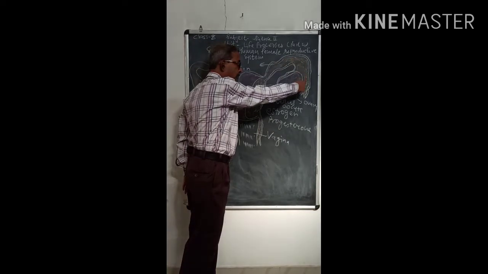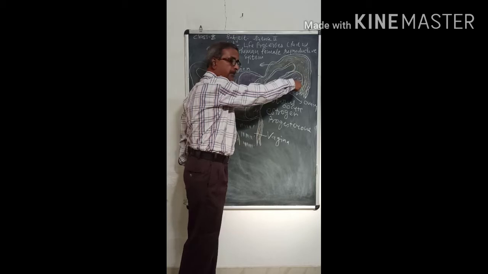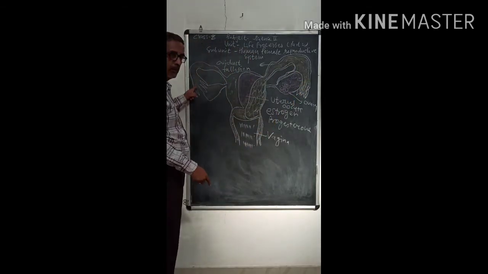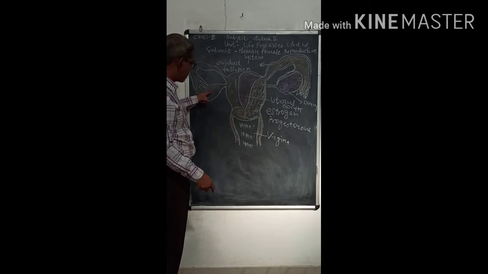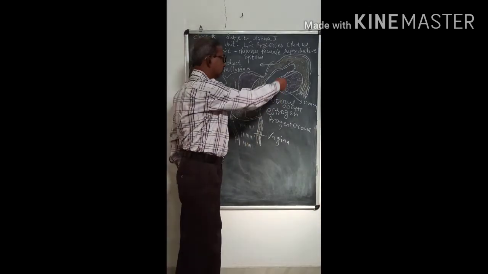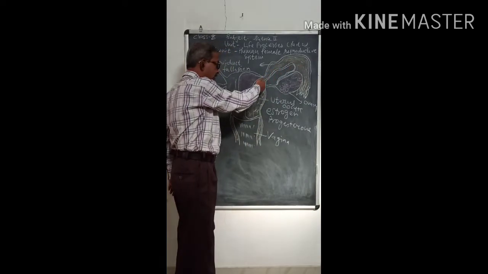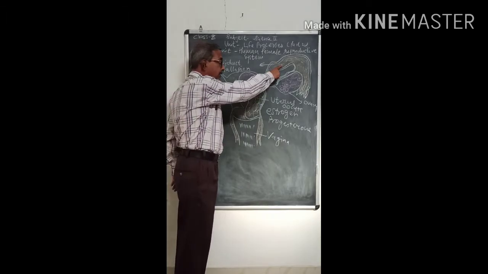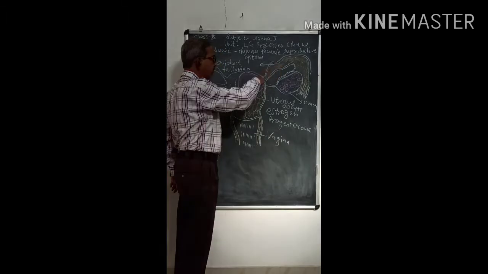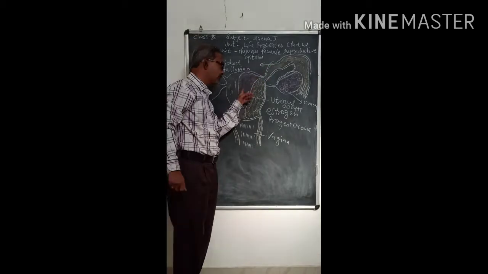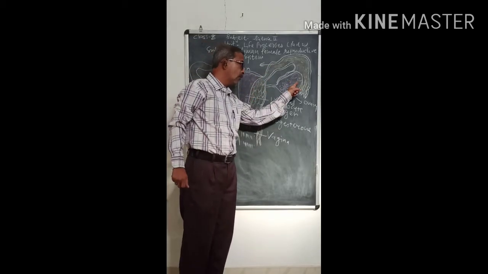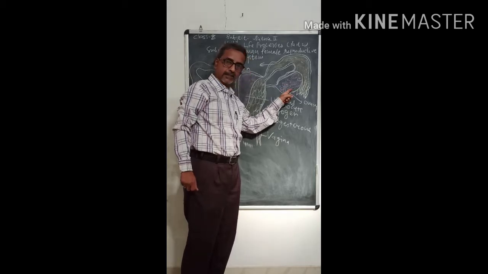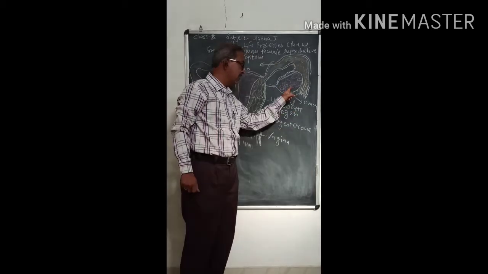One end of the fallopian tube here is funnel shaped or finger-like, which is attached to the ovary, and the other end of this same oviduct opens in the uterus. So the oviduct is the joining between the uterus on one side and the ovary on the other side. So every month one egg cell or one oocyte is released.